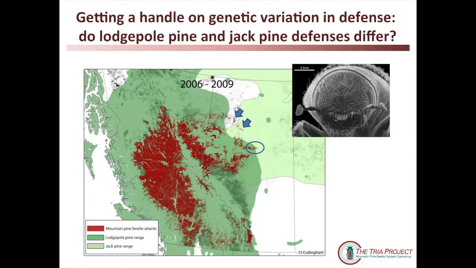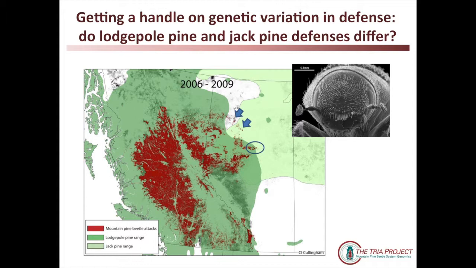So bearing this in mind, what we've concentrated on in our aspect of the project is asking whether defenses between lodgepole pine and jack pine differ, based on the idea that if there are differences between defenses put forth by different lodgepole pine with different genetic backgrounds, one might expect that there would be differences between lodgepole and jack pine, particularly because lodgepole pine is the co-evolved host, so it's co-evolved with mountain pine beetle.